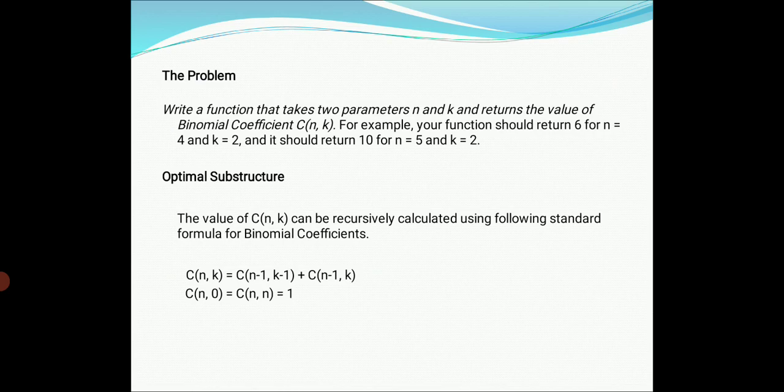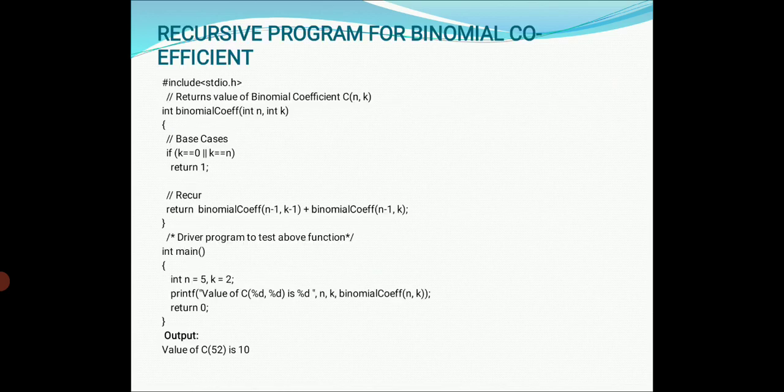The other function is C(n, 0), which is equal to C(n, n), which is equal to 1. Because for n and n the value will be the same, C(n, 0) will also be 1, and C(n, n) will also be 1. So this is the recursive program for the binomial coefficient.